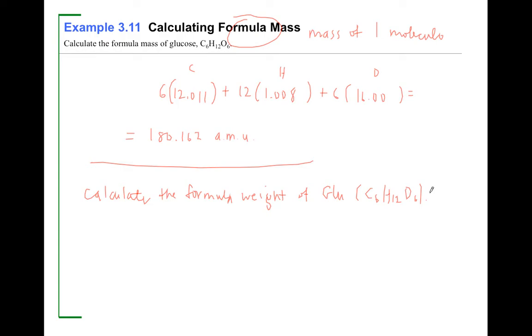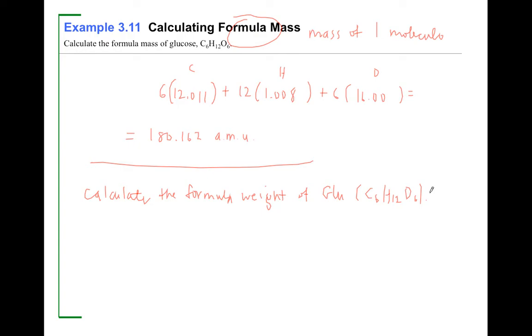What would you do? What's the difference between those two? Okay, I'm going to leave that question unanswered, but it's something I'd like you to figure out. Calculate the formula weight of glucose instead of the formula mass. Okay, you might want to rewind the video if the answer is not obvious, and go look at that.